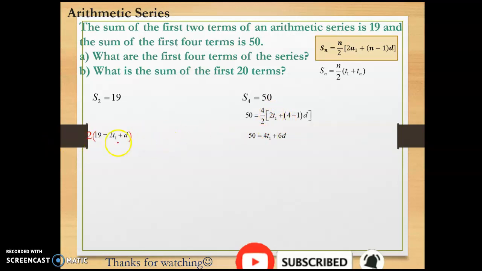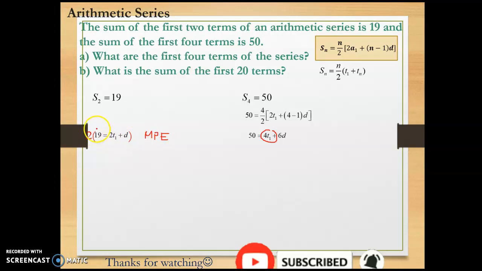For us to combine these two, we need to multiply something for that term to have a similar coefficient. So we need to make it 4. Remember the MPE, the multiplication property of equality.